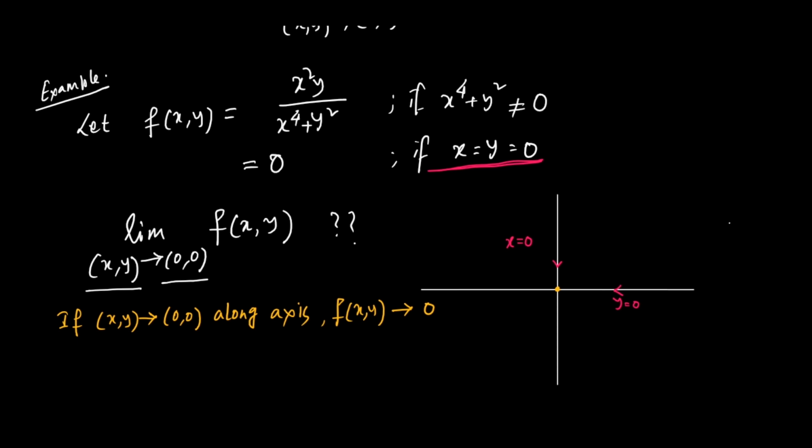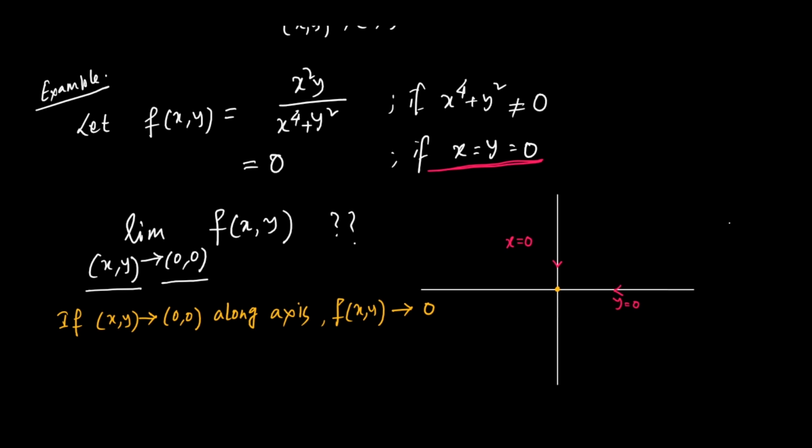So if I pick up these two lines as approach paths, then f(x,y) tends to 0. Does that mean that the limit as (x,y) tends to (0,0) of f(x,y) will be 0? No, because there can be several other paths.